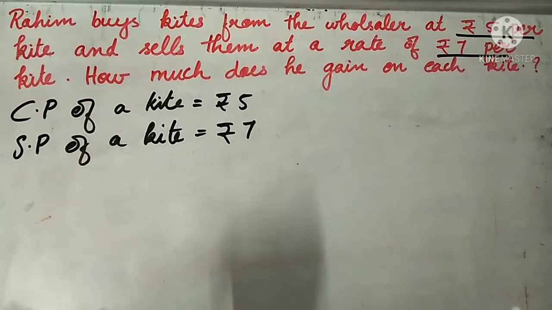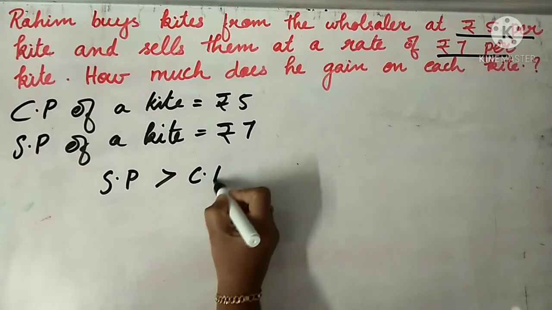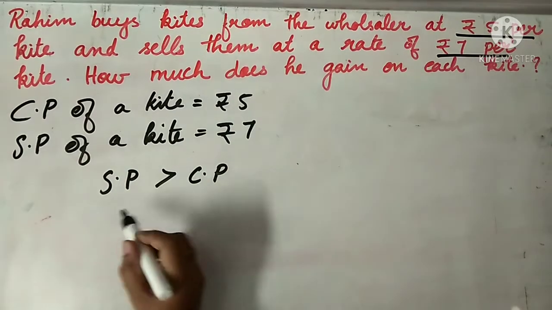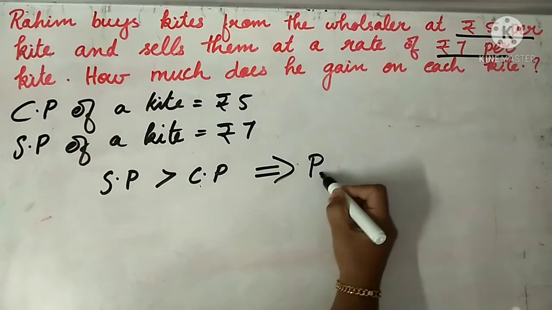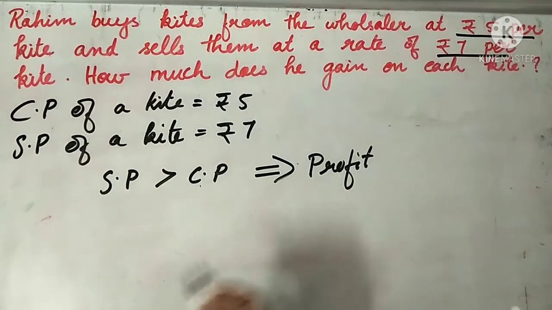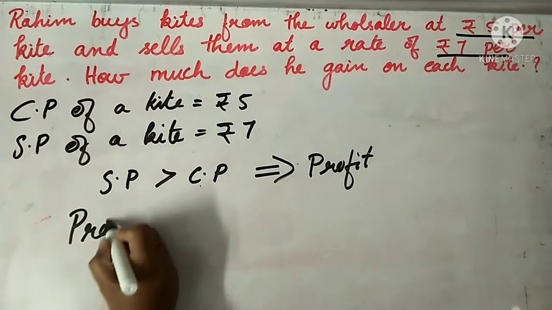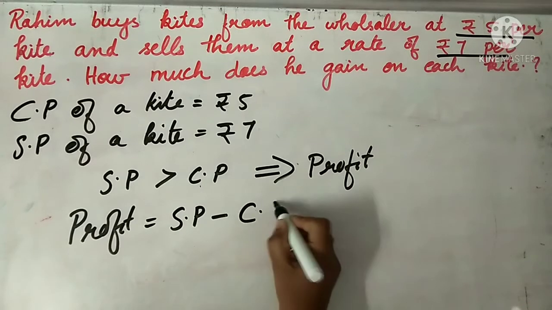From here, it is clear that SP is greater than CP. When selling price is greater than CP, we can say that there is a profit. We can find how much is the profit by using the formula profit is equal to SP minus CP.